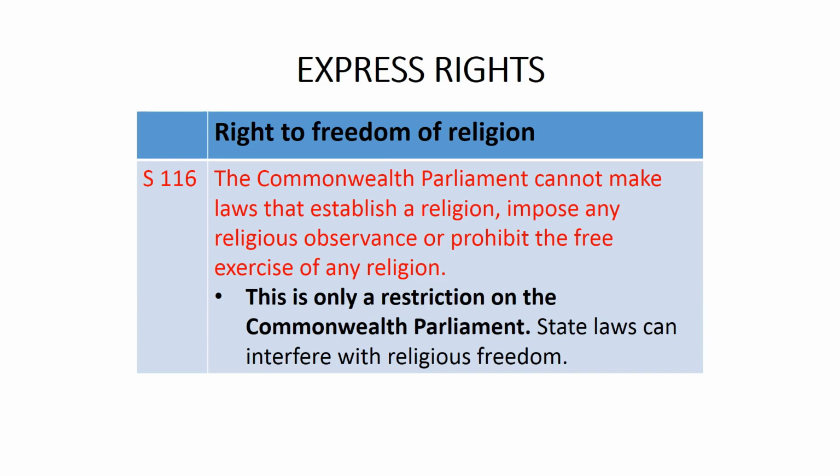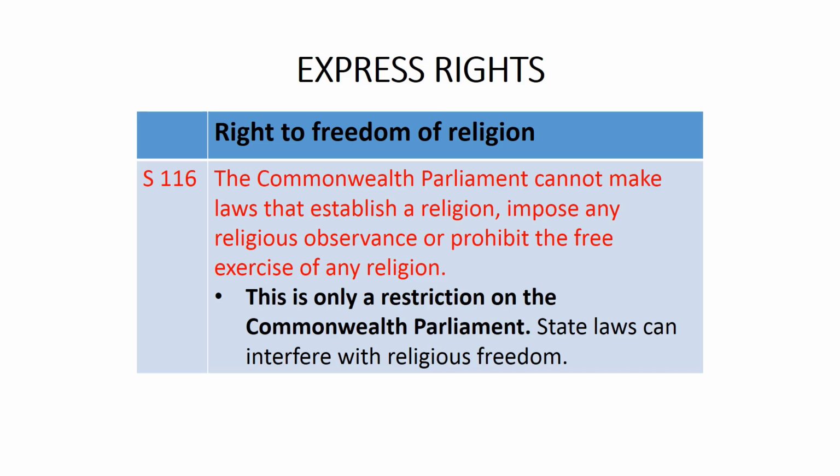The first express right, the right to freedom of religion, is one that we've looked at already. Under section 116, the Commonwealth Parliament cannot make any laws that establish a religion, impose any religious observance, or prohibit the free exercise of any religion. As we've already seen, this is only a restriction on the Commonwealth Parliament.